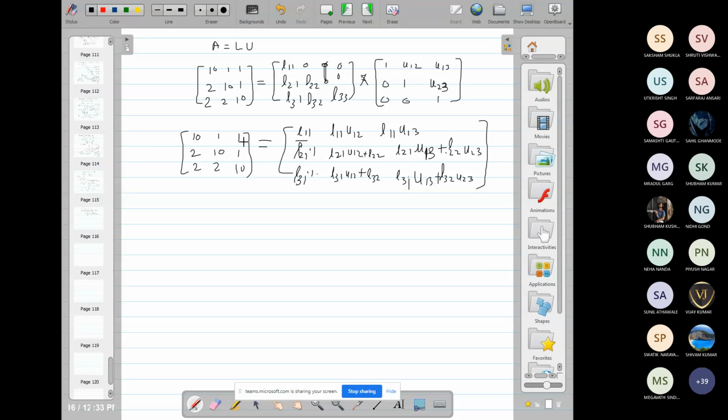So after determining this, we obtained L and U. Work out what value comes.